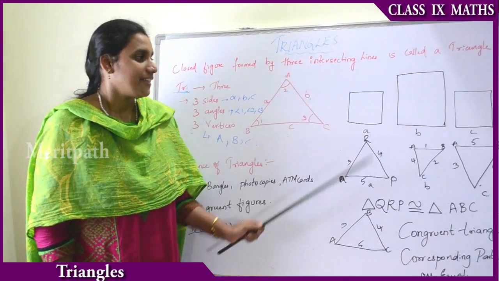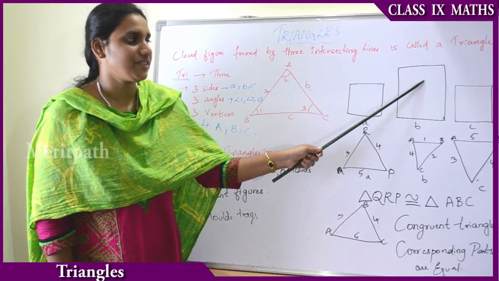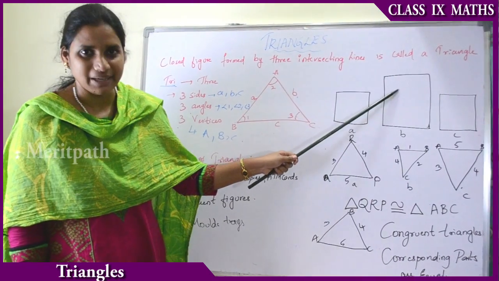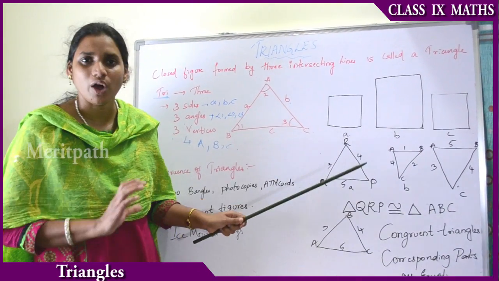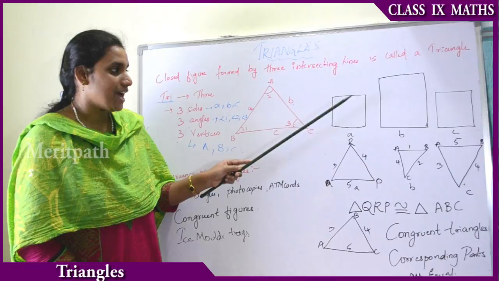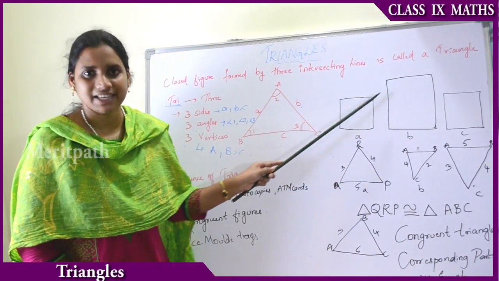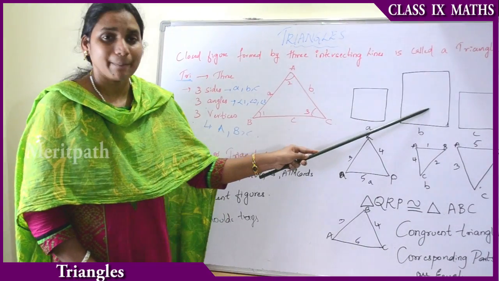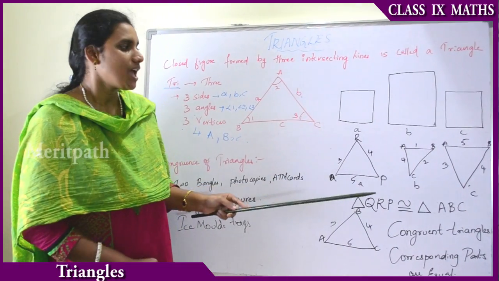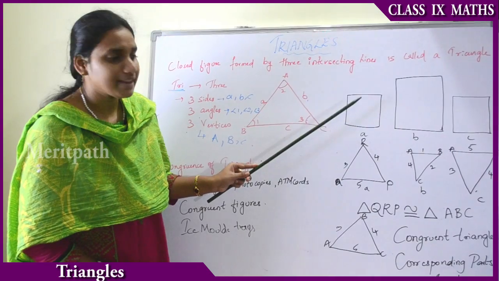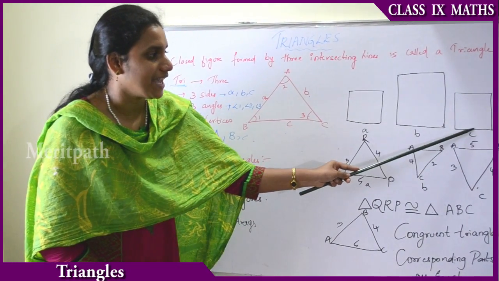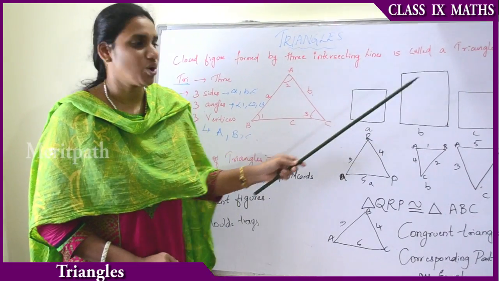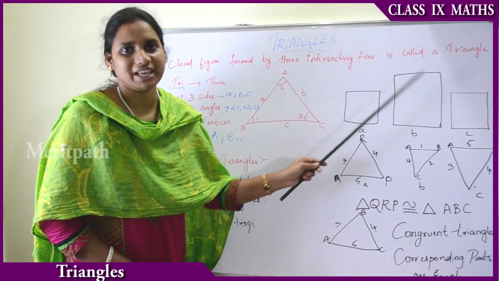No, because the size of A is different from the size of B. A square is smaller than B square. So these two are not congruent with each other. They differ in their sizes, right? The shape is the same, square and square, but the sizes are different. But when we compare square A and square C, they have the same size and the same shape. So they are congruent to each other.